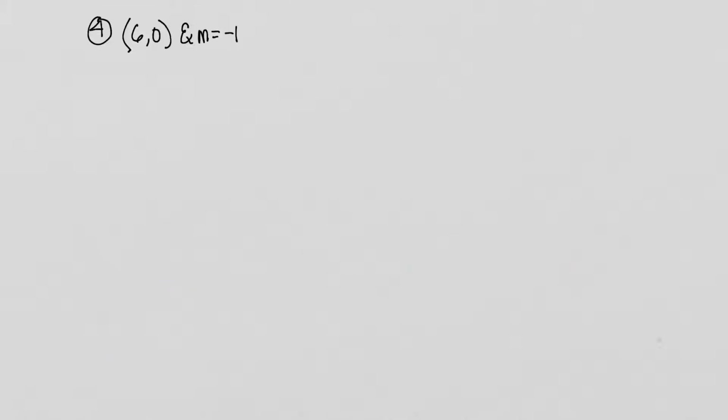In number 4, we have this point and that slope. So I've got a point and the slope. So I'm going to use this template, y minus y1 equals m times x minus x1 with, so what are we given? x1 is 6, y1 is 0, and m is negative 1.